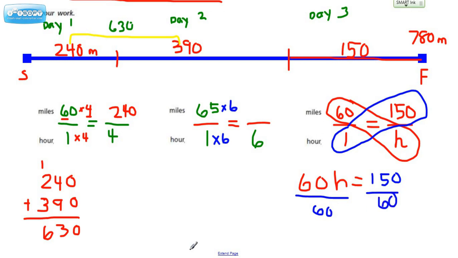The only thing left you have to do, folks, because this cancels out, is find 150 divided by 60. Now remember, to make this a little bit easier for yourself, how about we start by simplifying, dividing by 10. So we're really just doing 15 divided by 6. The only thing you have to do, folks, is finish that up. It's not going to work out evenly, so either annex a 0 or do what you have to do. Good luck finishing that up, and make sure you label that as hours.